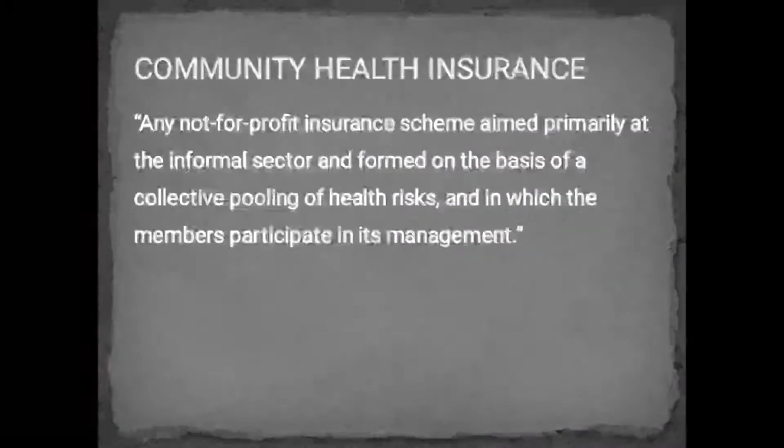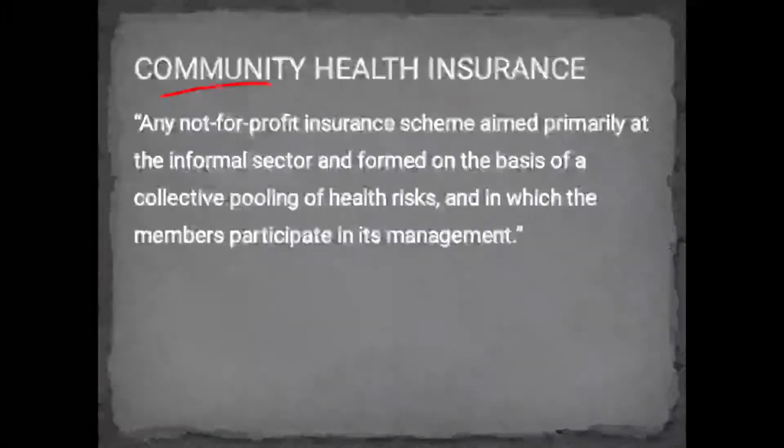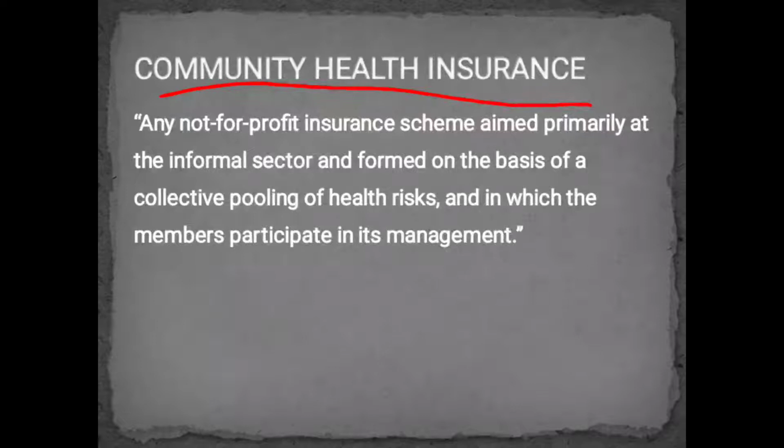Now we'll be moving to the third type of health insurance. We saw social health insurance, then private health insurance, and now we are going to community health insurance. So what is community health insurance?